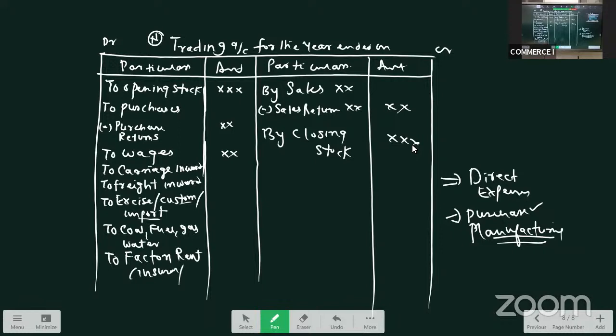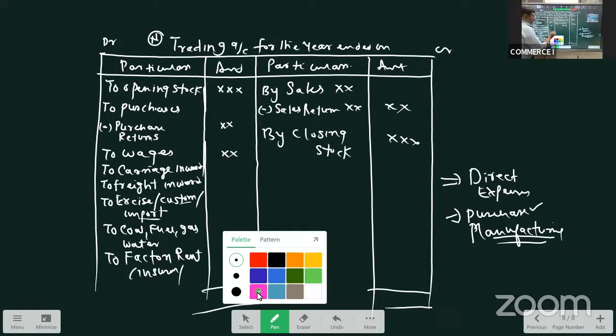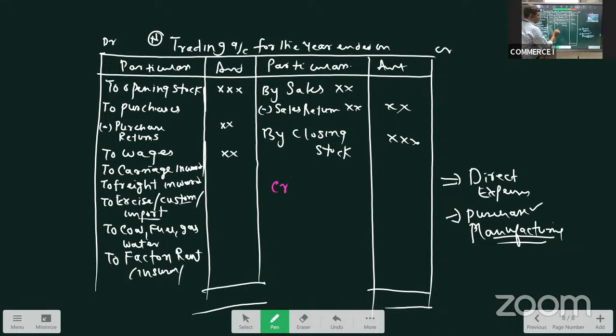Then we have to do the balancing of this. What is the net result of this? We have to find out. Hope this is understood by all of you. Now we have to do the balancing. And suppose the credit side is more than the debit side. Normally, this would be the case.